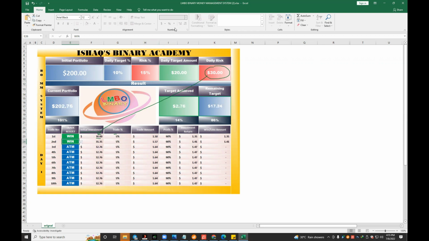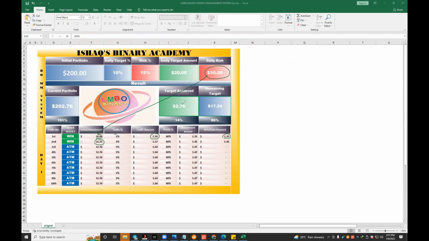So what happens with this money management system? You can see if you win the first trade, your trade amount is $1.5 for the first trade, which you won. $1.35 is added in your account. Now your capital is 31.35, which you took at risk 30. And how much have you achieved toward the target?